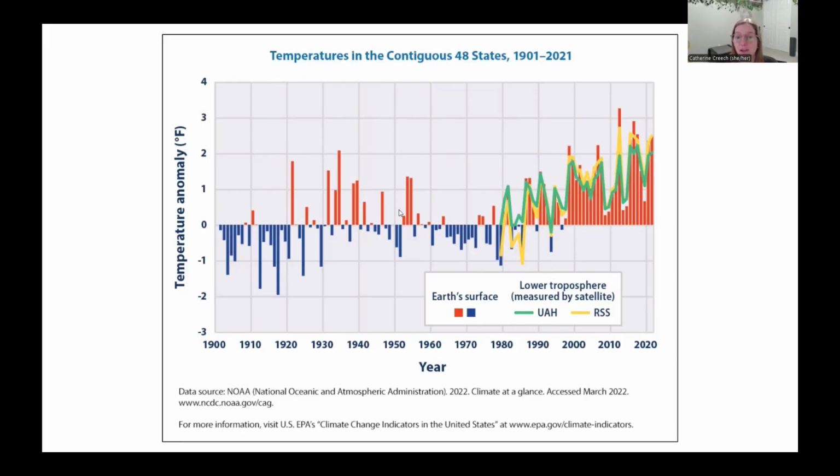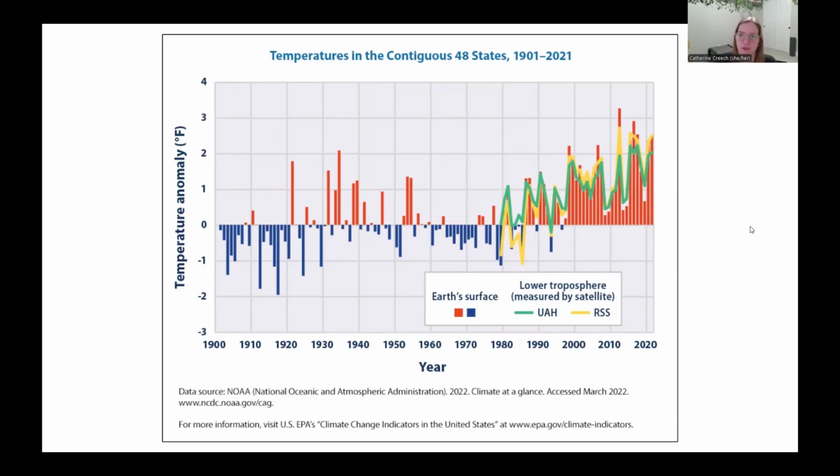We have ups and downs when we get into the industrial era up until the 1950s, more ups and downs until like the 1980s, and then from 1980, let's say 86, on, we have a notable pattern of increasing temperature in the United States. So it's a distinct, notable increase. All of these bars are notably higher than they have been in the past. So that's one of the effects of climate change, is just increasing temperature.